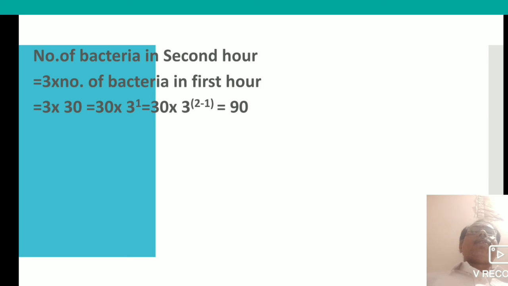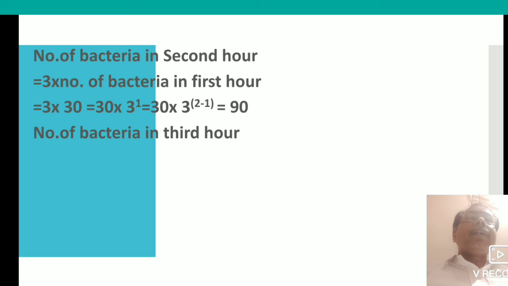Here children, 30 is the first number, that is, we have to select a number first of all, and then we have to multiply by a fixed number. Here the fixed number is simply 3, it triples. According to that pattern, 3 power 1 can be written as 3 to the power of 2 minus 1. So we have 3 into 30, simply 90.